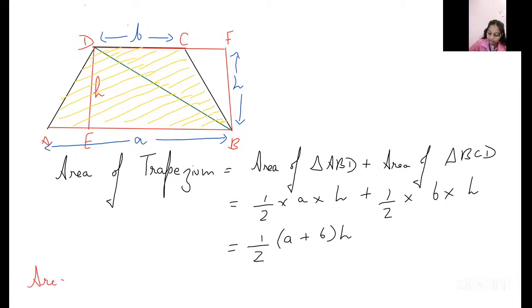So we have the area of trapezium: half the sum of parallel sides into height.